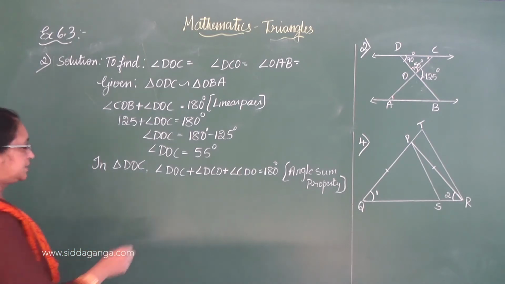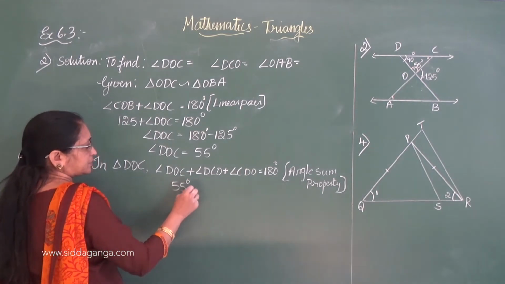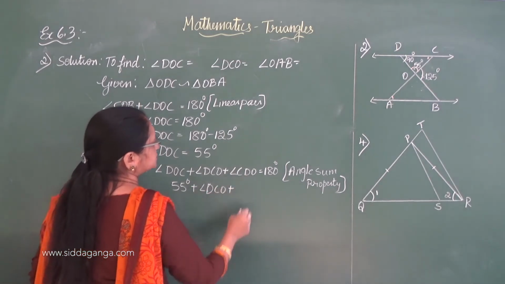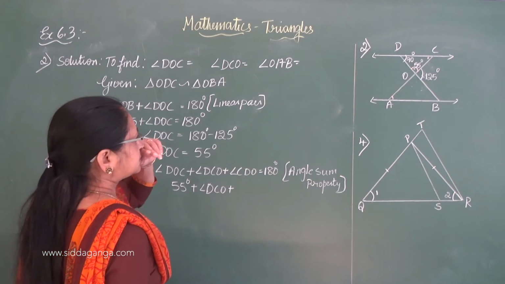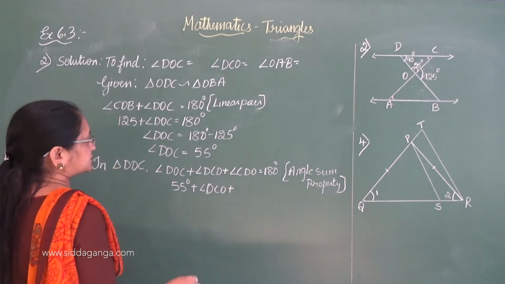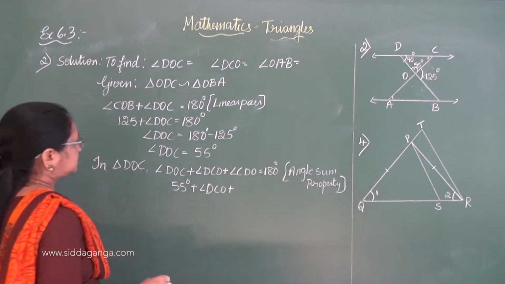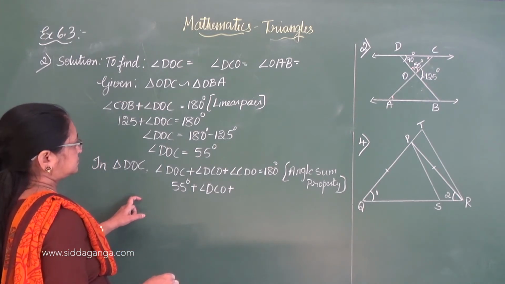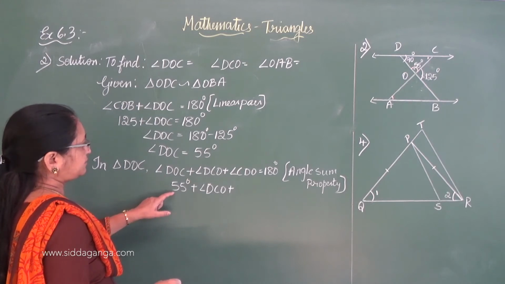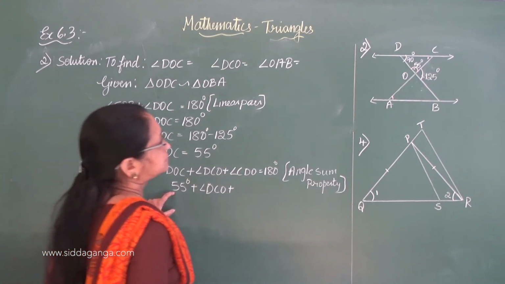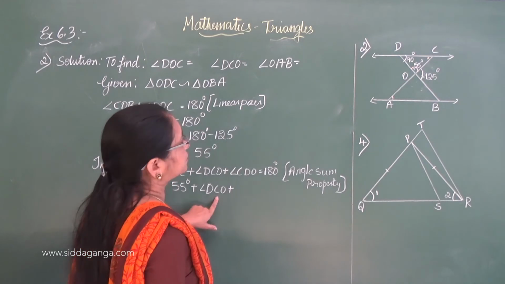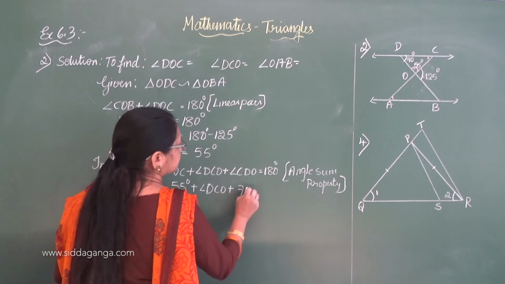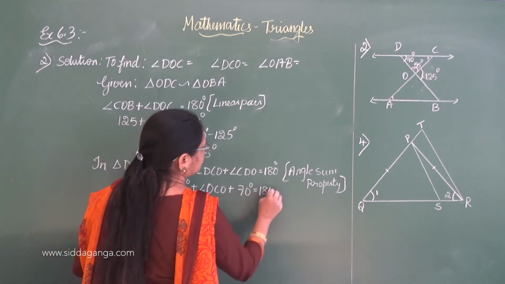So DOC is 55 degrees and angle DCO we have to find out. Then CDO is 70 degrees, equal to 180.